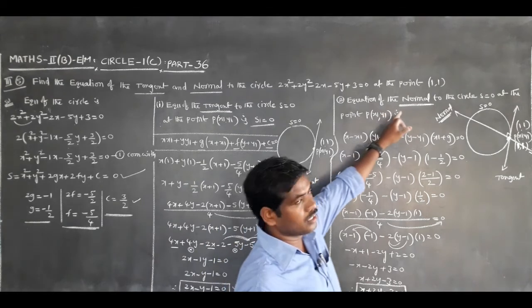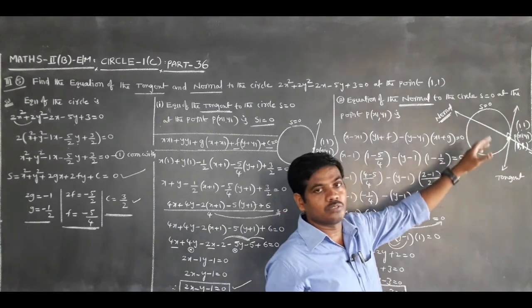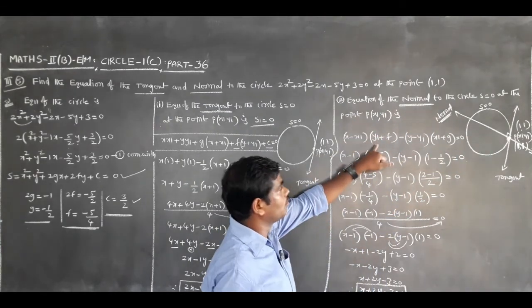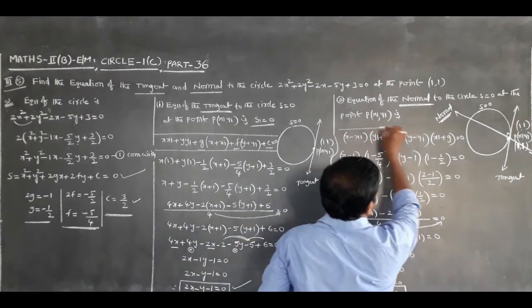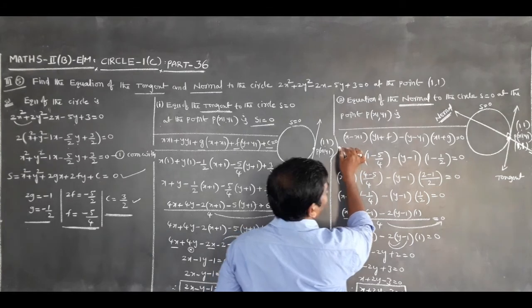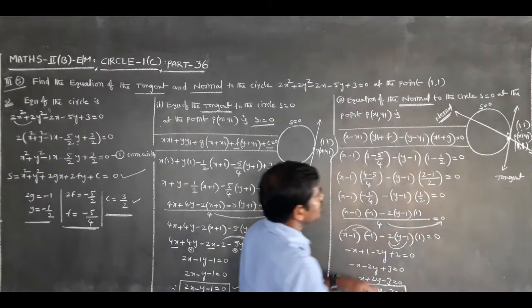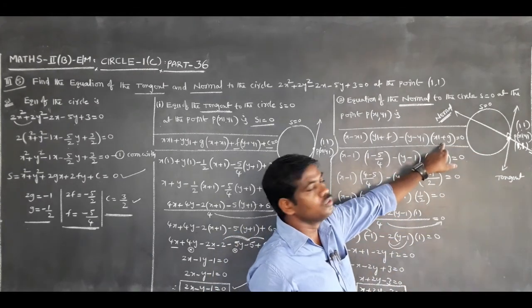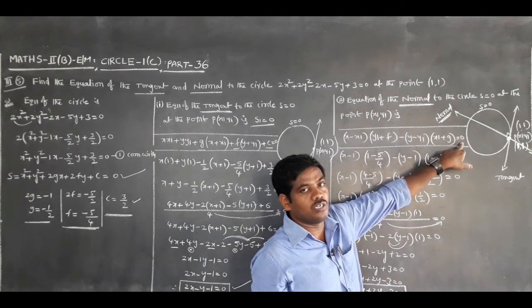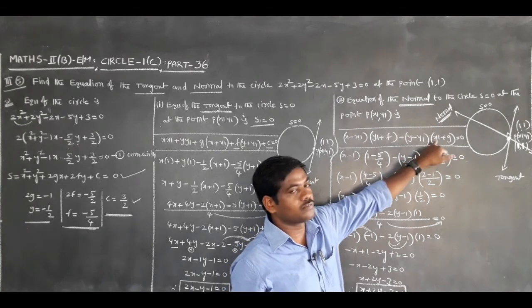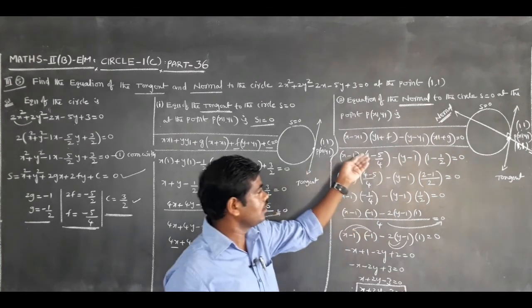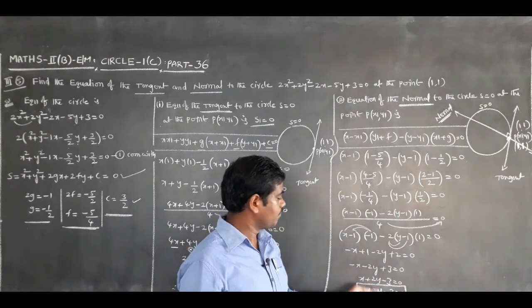Again, the equation of the normal to the circle S equal to 0 at the point P(x1, y1) is (x minus x1) into (y1 plus f) minus (y minus y1) into (x1 plus g) is equal to 0. Here also substitute g, f, x1 and y1 values and simplify.